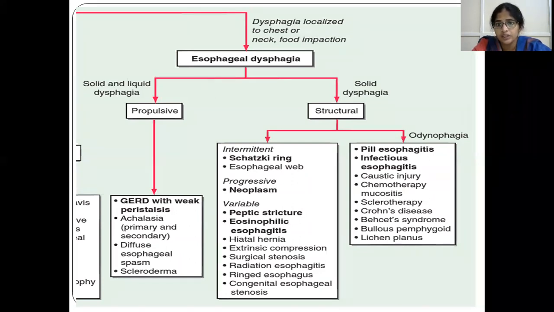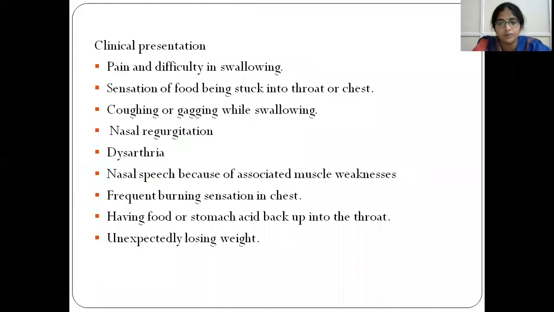What are the structural causes of esophageal dysphagia with odynophagia? Infectious, caustic injury, chemotherapy, mucositis, sclerotherapy, Crohn's, Behçet's, and lymphoid follicles. These tables are taken from Harrison. If you go and check, you will learn more things from the textbook.